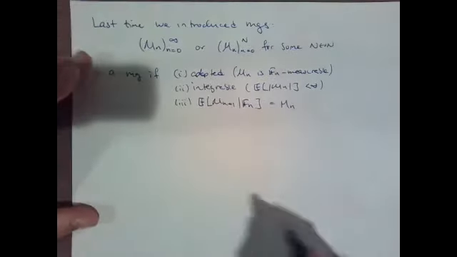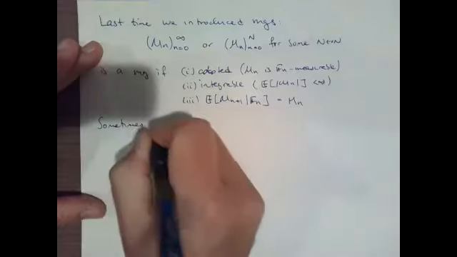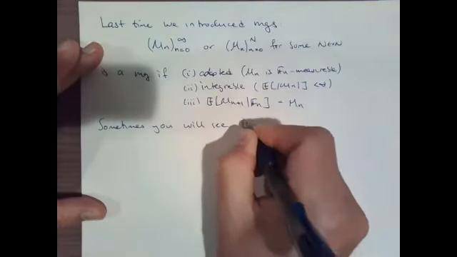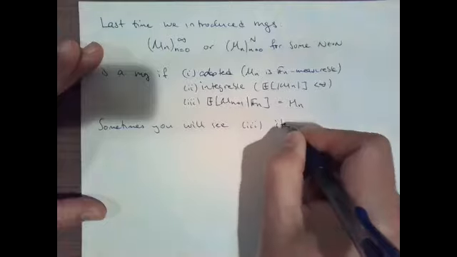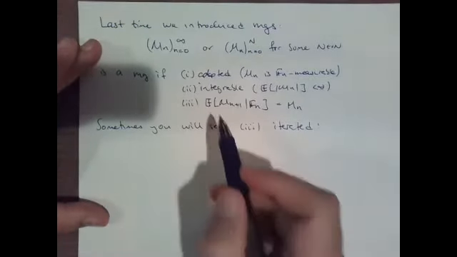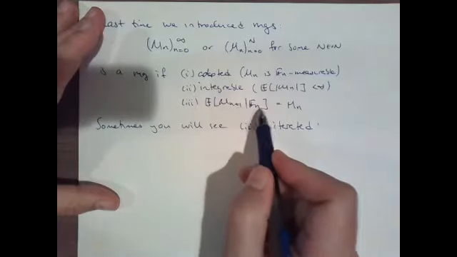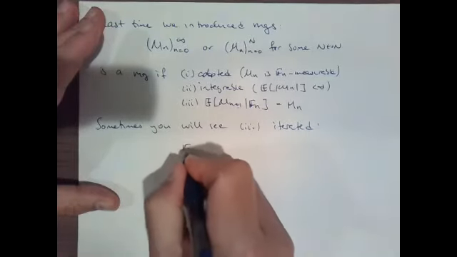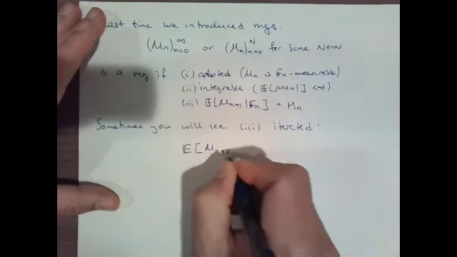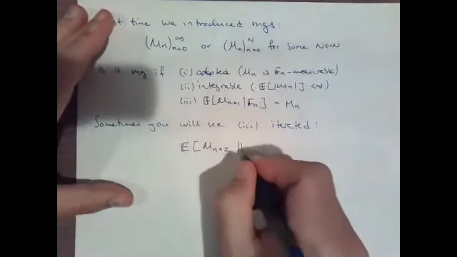Sometimes you will see property 3 iterated. What that means is that right here we have M(n+1) and you have n. Sometimes you will see something like E of M(n+2) given Fn.